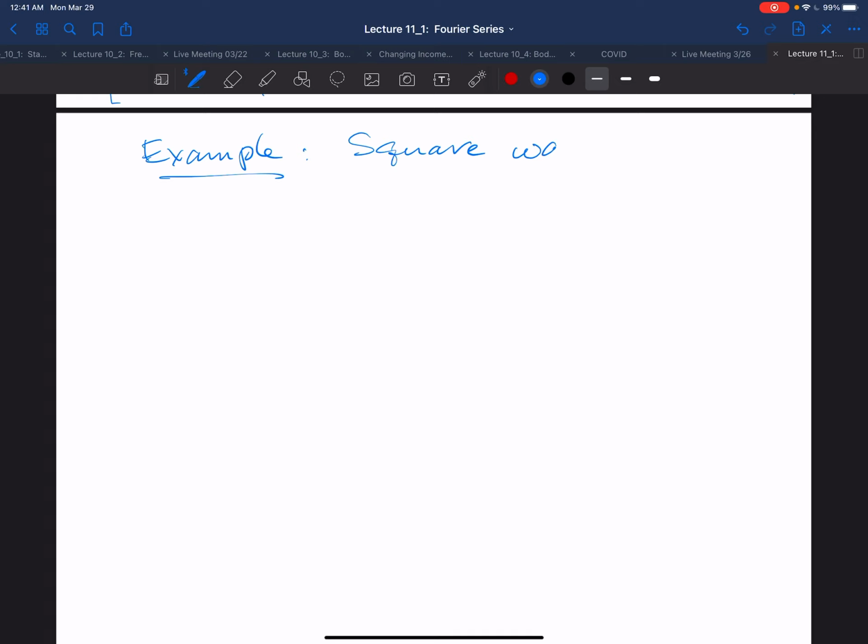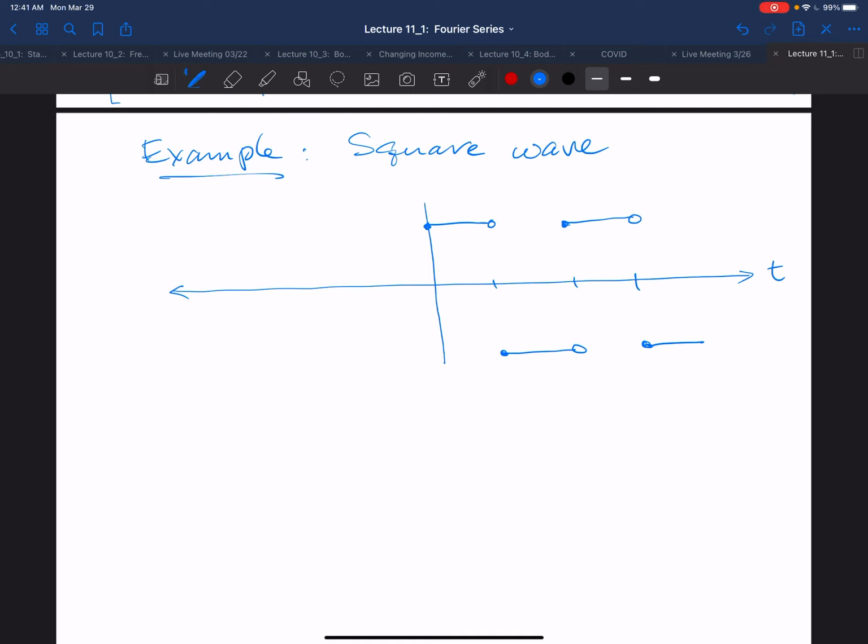Let's take a square wave. That's a pretty practical signal, one that's generated by every signal generator on the market. So let's see how we can express a square wave in terms of sinusoids so that we can apply the frequency response to it.